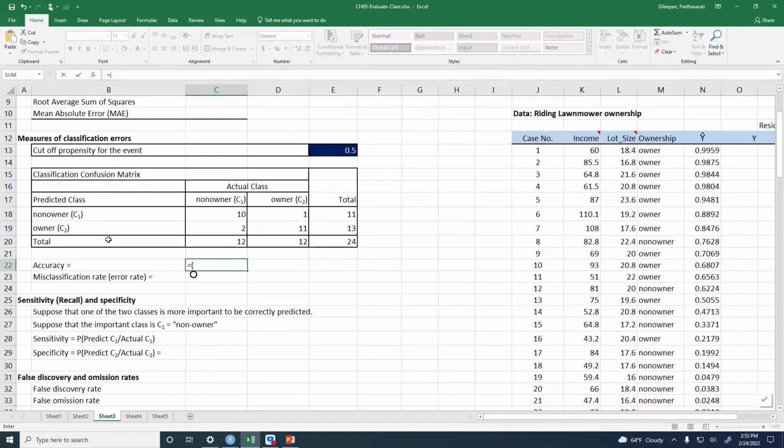And now accuracy is the sum of these two divided by that, and misclassification or error rate is these two divided by that. Or we can also compute this by that. Okay.